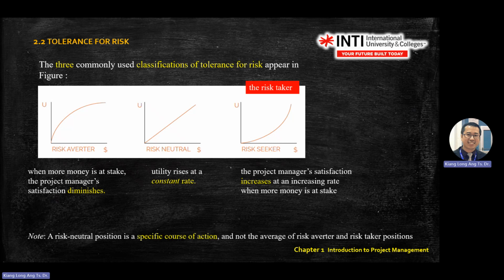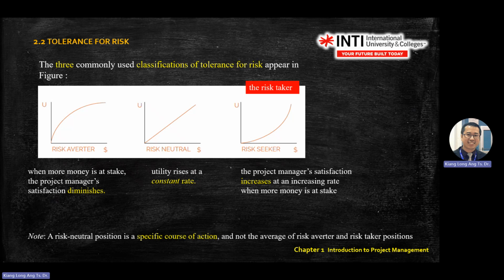Okay, so this is a risk taker. Project manager satisfaction increases at an increasing rate when more money is at stake. So if you pay this risk seeker a higher profit or reward, then satisfaction will be there. Then this one, utility at a constant rate.